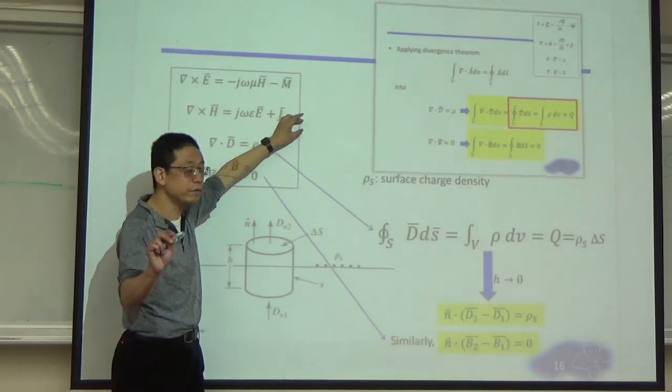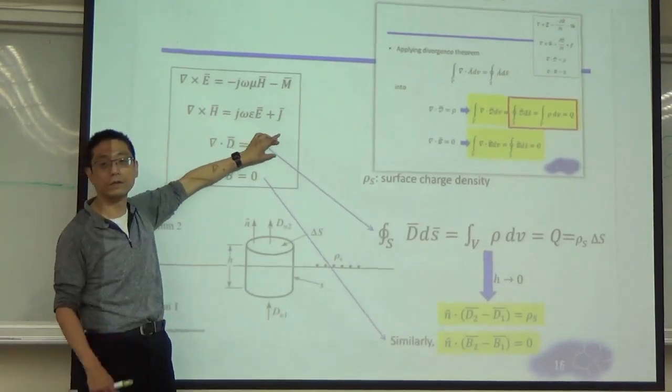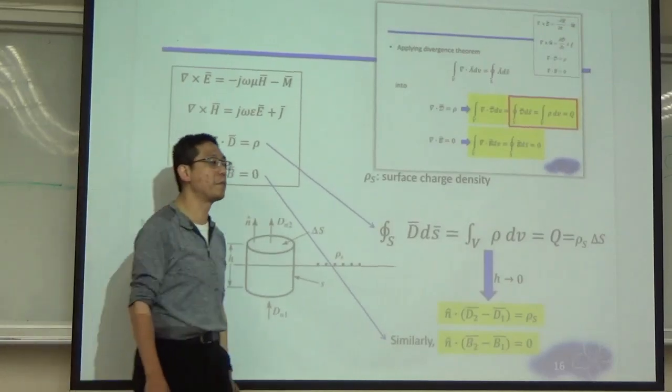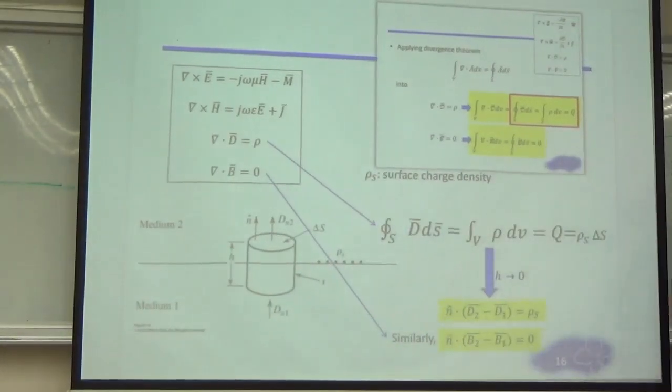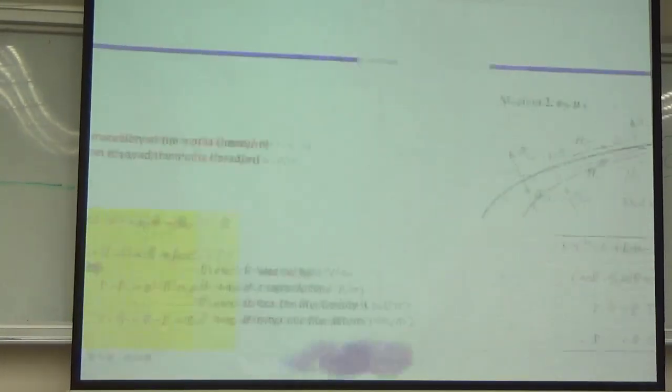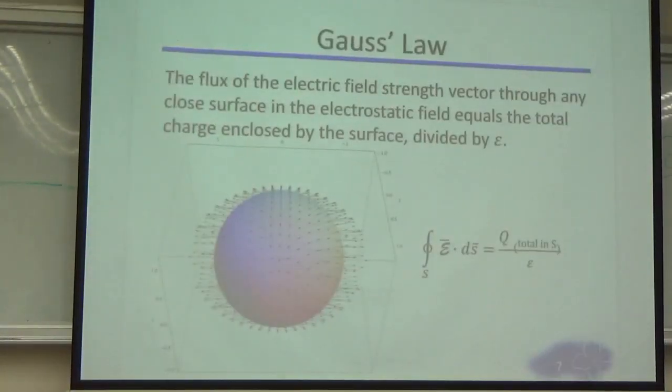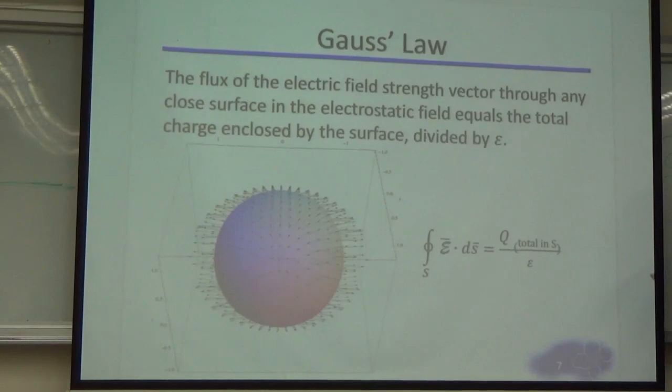Do you want to try again to explain Gauss's law? Or maybe I can show you the picture to help you. You want to try? We will give a little more time. Try to use your own way to explain to other classmates.